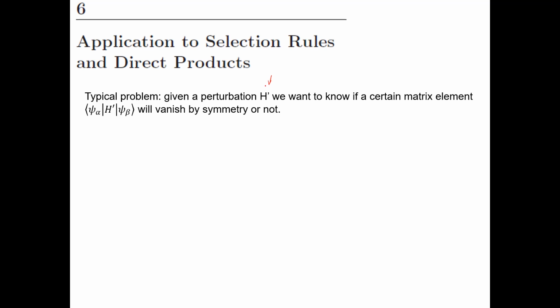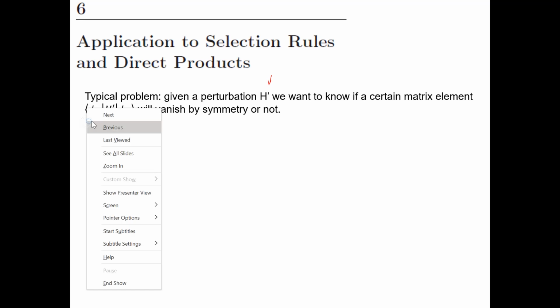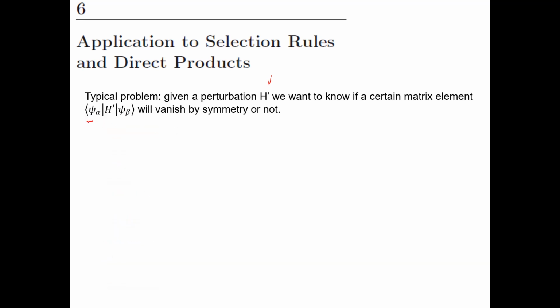In the end of the day, I will need to look into transition matrix elements such as this, where alpha and beta are, for instance, initial and final states for a certain optical transition, and H is some perturbation Hamiltonian, for instance due to the light, the electromagnetic Hamiltonian.